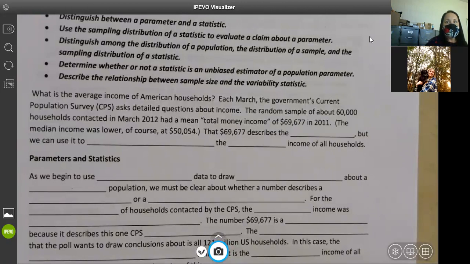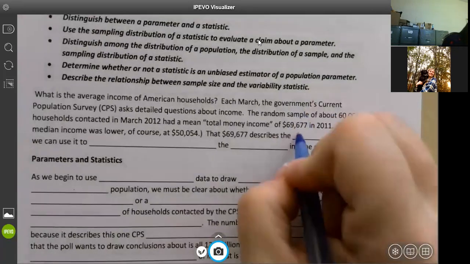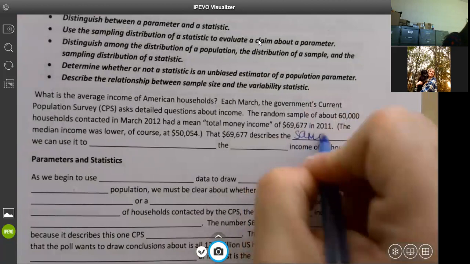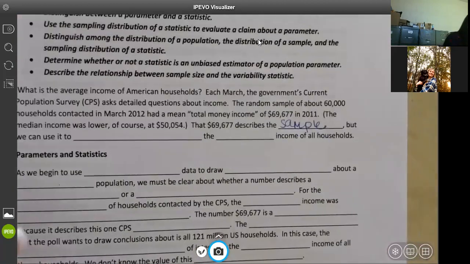That $69,000 describes the sample, but we can use it to estimate the mean.